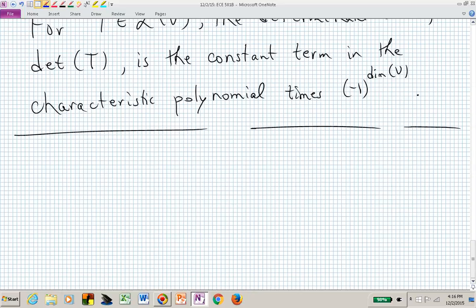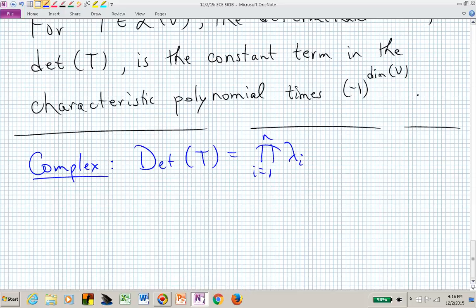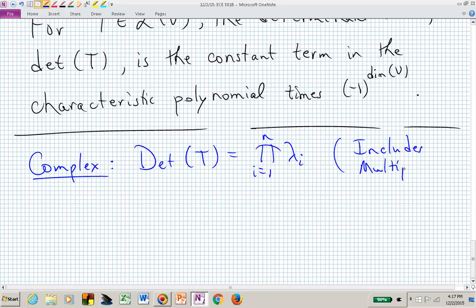Suppose we now are dealing with our complex field, and we wanted the determinant of T, and that's this product of i equal 1 to n of lambda sub i, and that includes multiplicities.